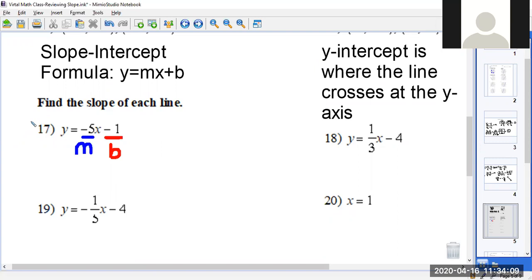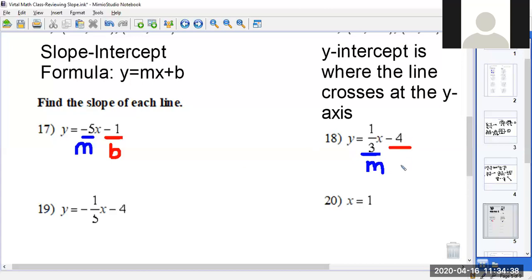Well, there are only 2 numbers. Is it 1/3 or is it negative 4? 1/3. Yes, sir. 1/3 represents my slope. So which number represents my y-intercept? The negative 4.